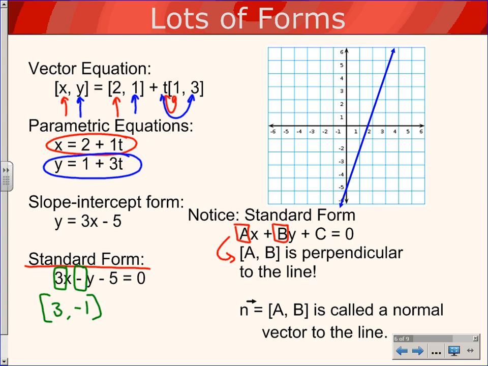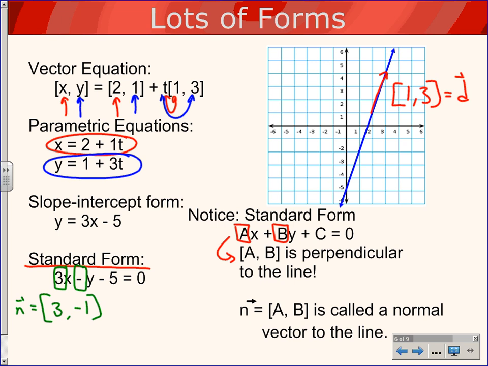Now if I want to show you that it's perpendicular to the blue line up there, I know that the blue line has a direction vector of 1, 3. That's my direction vector. So if this green one, which we call vector n, and the d vector, the direction vector, take a look at those two. There's a 3, -1 and a 1, 3.